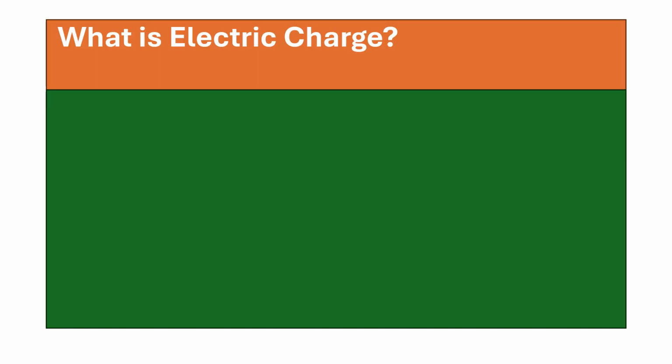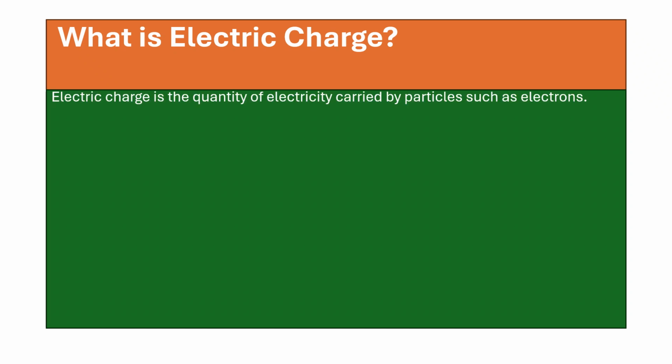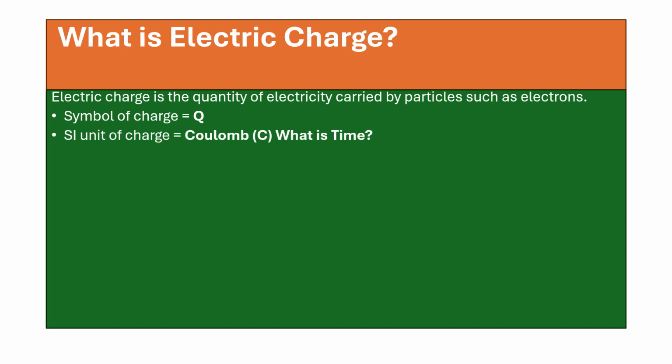Now students, after the formula I is equal to Q upon t, we know that Q is electric charge. But what is electric charge? Electric charge is the quantity of electricity carried by particles such as electrons. Electrons are negatively charged particles. The symbol of charge is capital Q. The SI unit of charge is coulomb, which you have to remember.